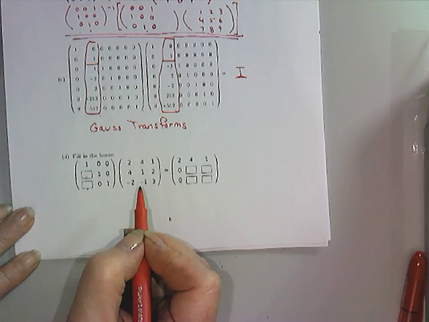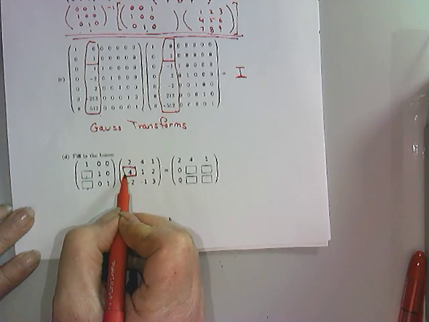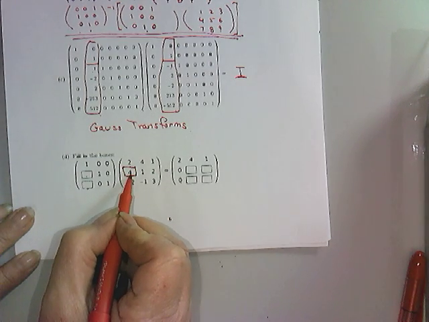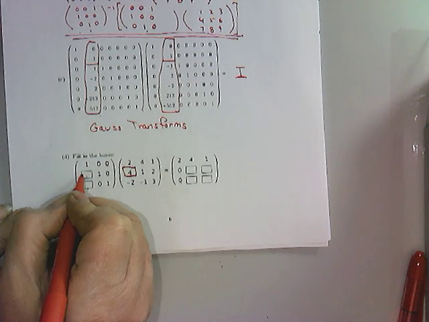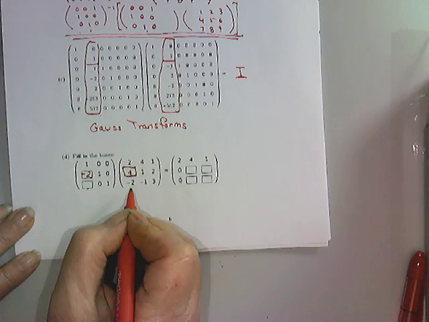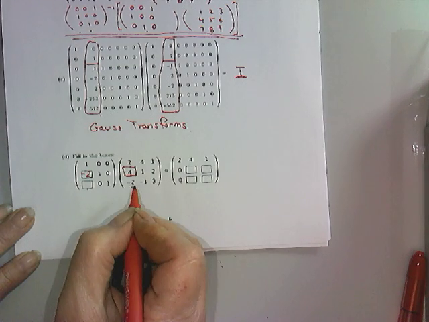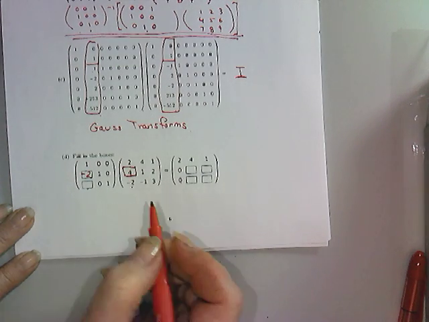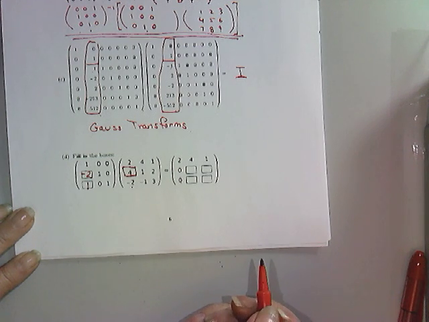Well, first thing we do is find the multipliers. To zero out the 4, we'll take 4 divided by 2 gives us a multiplier of positive 2. So the Gauss transform is going to have an entry negative 2. Negative 2 divided by 2 is negative 1. So this entry will be positive 1.